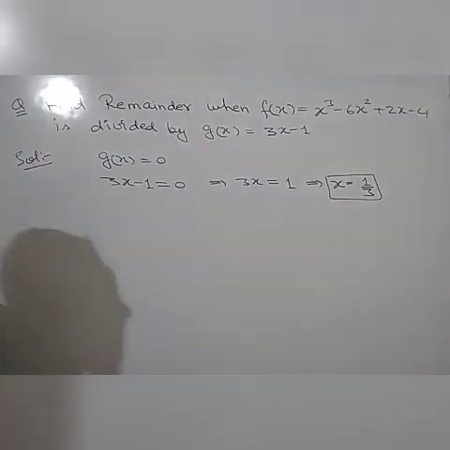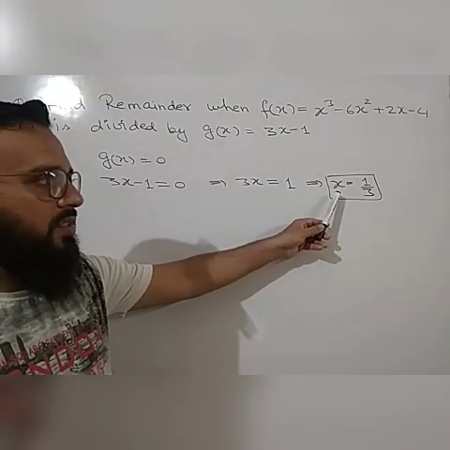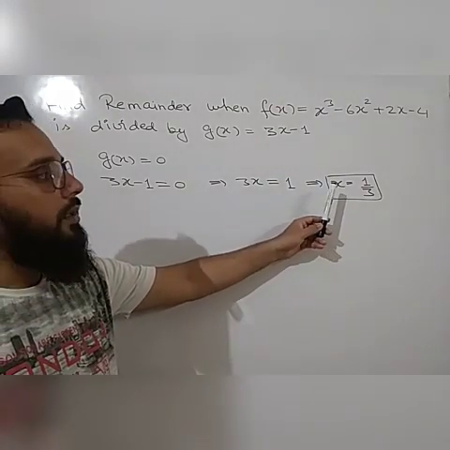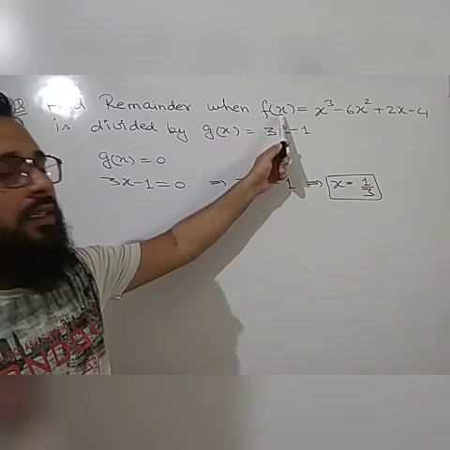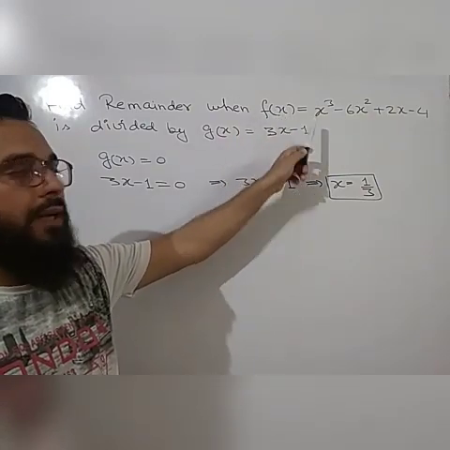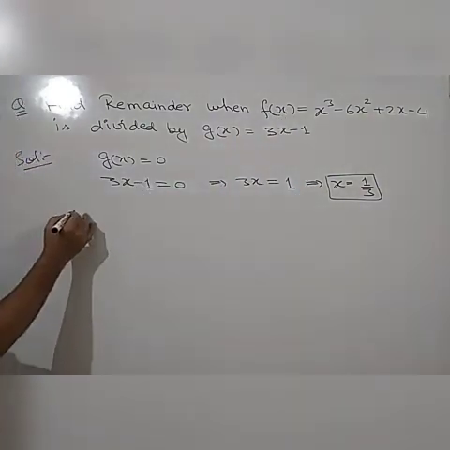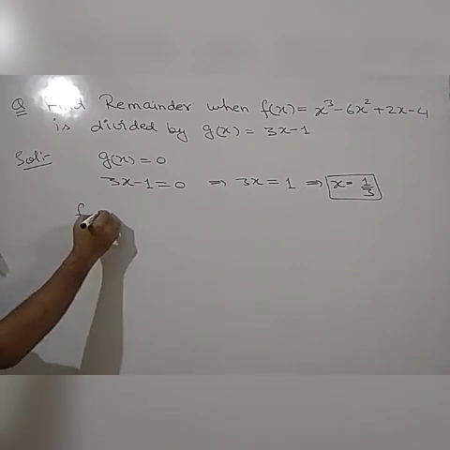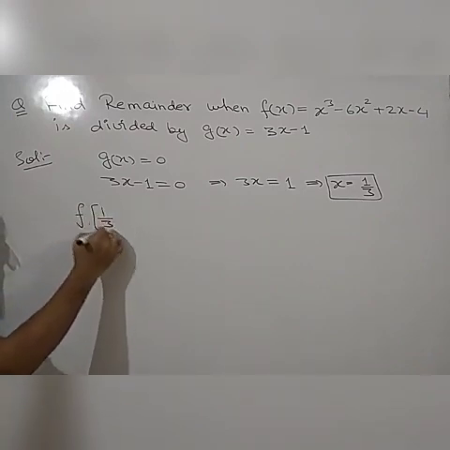So we get the value of x is equal to 1 by 3. Now we have to find the remainder. So now we will put this value of x at the place of x in the given polynomial f(x), and the remainder will be f of 1 by 3.